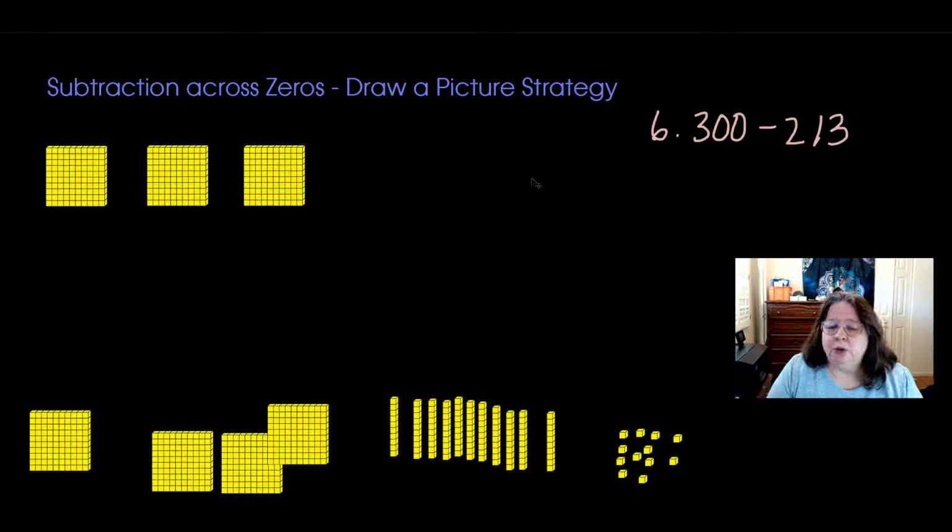Now, there's more than one way to do this. We could certainly start out by taking away the 200, breaking this one apart and taking away 13. That is not how we're going to do it for this lesson, but that is a perfectly acceptable way to do subtraction. But the reason we're not doing it that way is because we want to match as best we can using our standard algorithm with regrouping and trading.